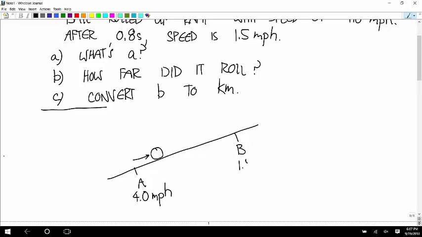At B, it's going 1.5 miles per hour. If we call this t equals 0 at this location, then once it gets up here, t is equal to 0.8 seconds.